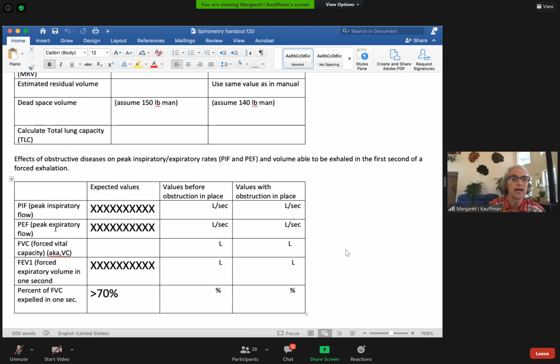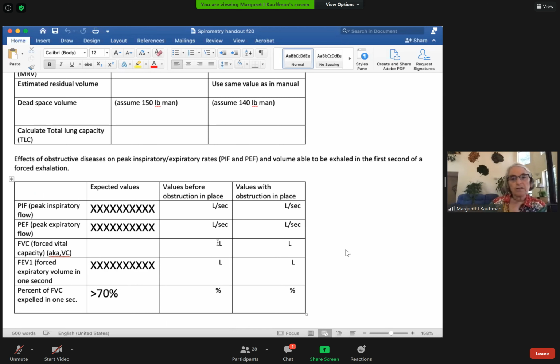Because the lab manual doesn't talk about what normal numbers are for peak inspiratory flow, I don't have you learn those. I put big X's through them. But from all of this, you are going to get the FEV1, so you'll be able to see the effect of the obstruction being put in place.